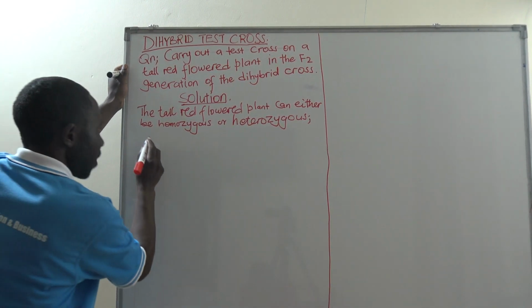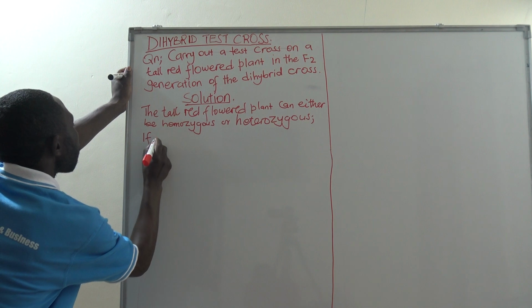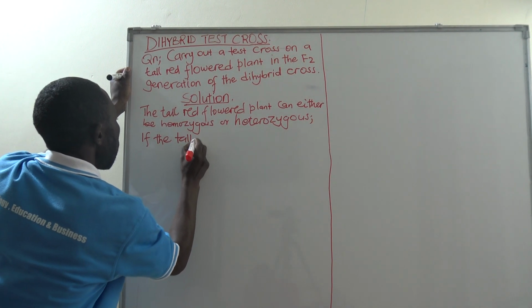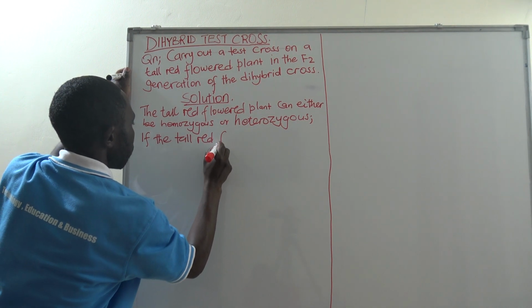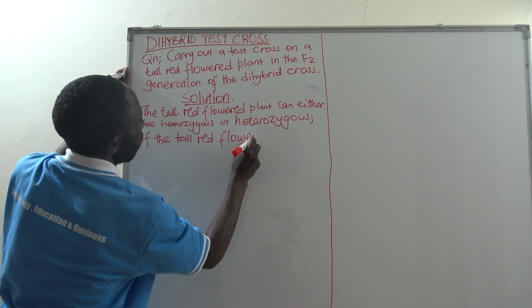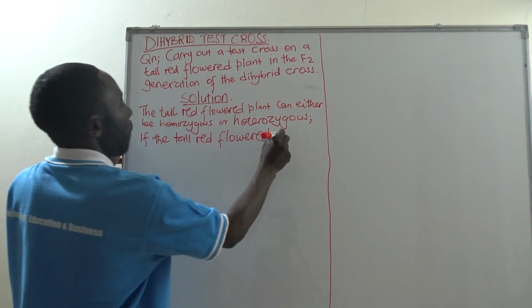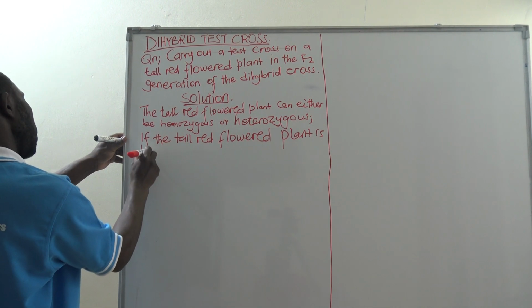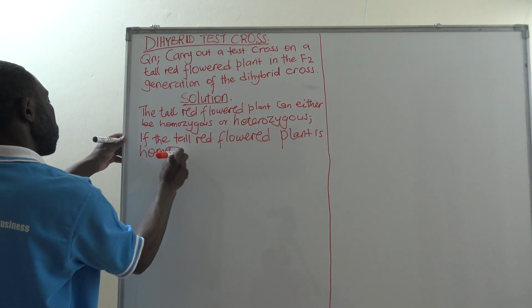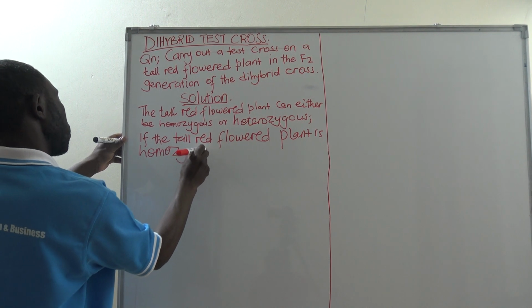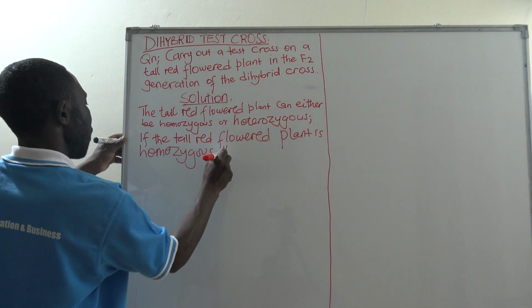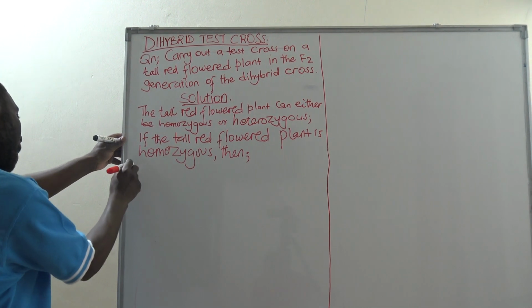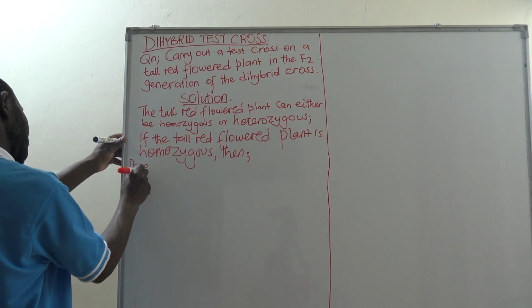Now, case number one, if the tall red flowered plant is homozygous, then parental phenotypes.